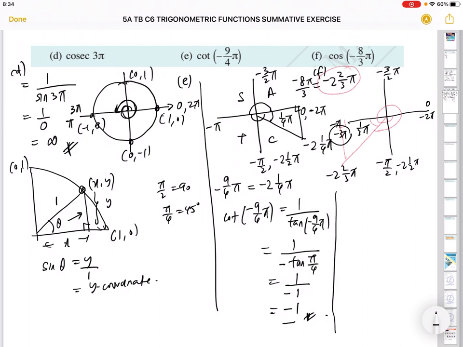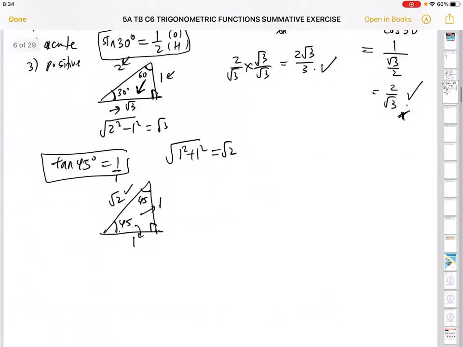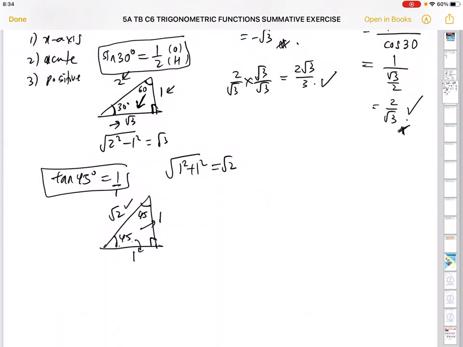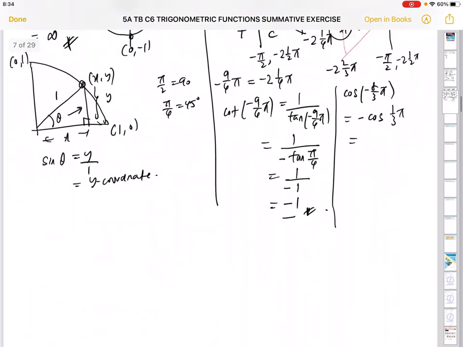Cos negative 8 over 3 pi, we can express in terms of cos of its reference angle. My reference angle is 1 over 3 pi. Since it's in quadrant 3, cos is negative, only tangent is positive, so it's negative cos pi over 3, which is cos 60. If you cannot remember, read from the triangle. Cos 60 here is adjacent 1, hypotenuse 2, so it's 1 over 2. Go back. Answer is negative 1 over 2.